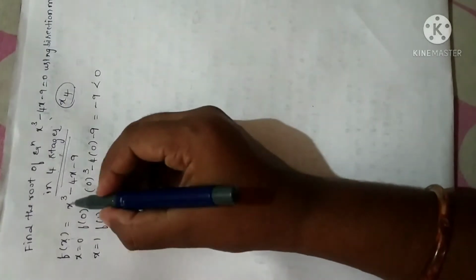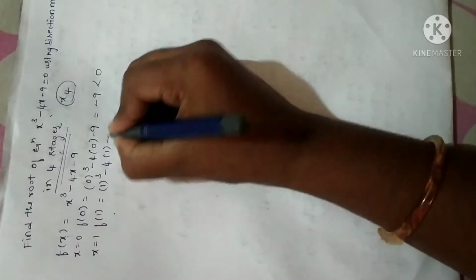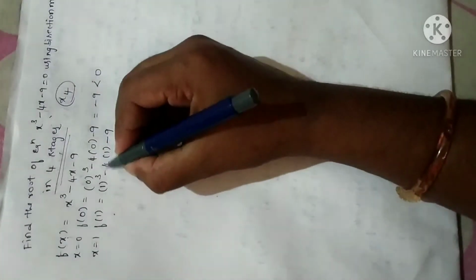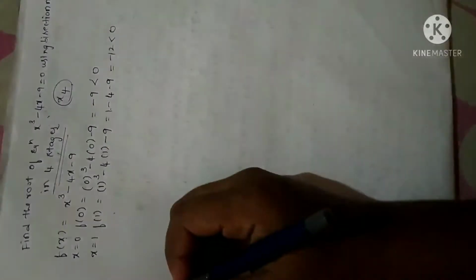So f of 1 value is 1 cube minus 4 into 1 minus 9. So 1 cube is 1, minus 4, minus 9. Whatever may be the value, again it will be negative, right? So 1 minus 4 minus 9 is minus 12. So again it is negative.